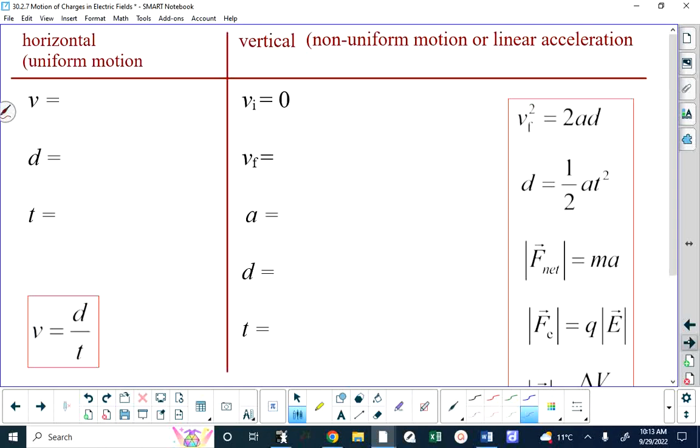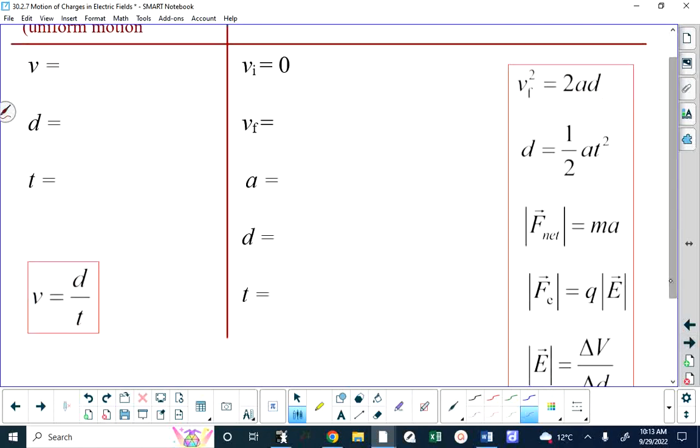Since the vertical motion is accelerated, we have all this kinematics stuff, all of that VI, VF, A, D, and T that you dealt with last year. And we are going to have to deal with kinematics here. But we also have net force equals MA, electric force equals QE, electric field equals voltage over distance.